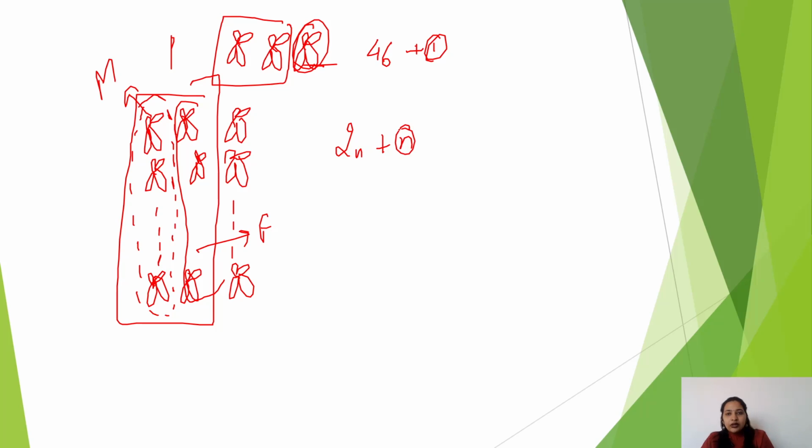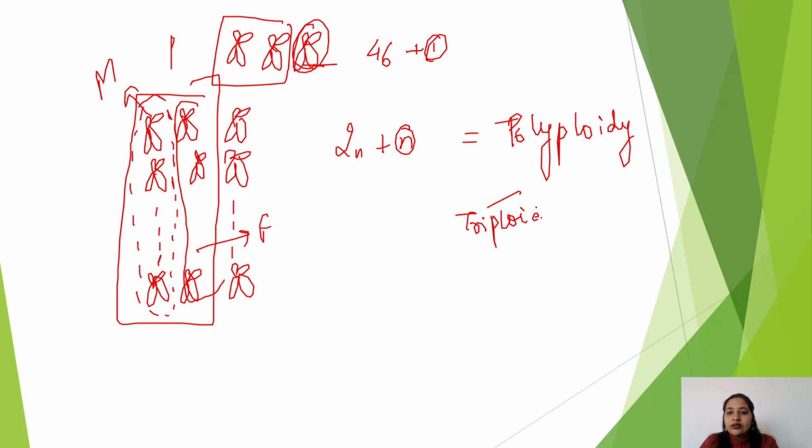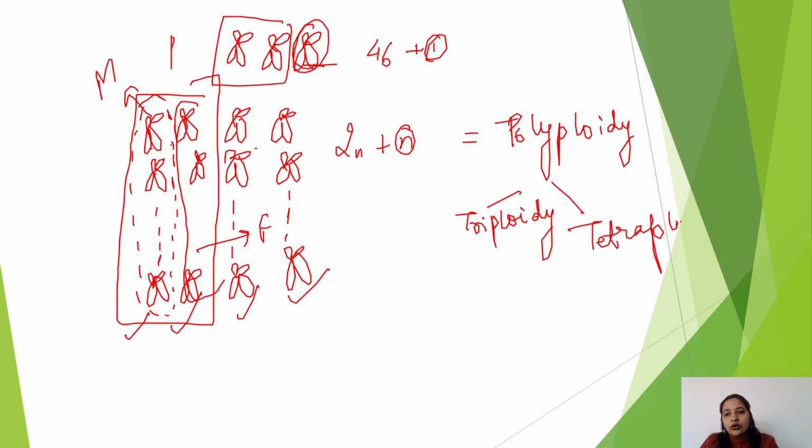If one complete ploid or one complete set of chromosomes is extra, then it is known as polyploidy. Polyploidy can be triploidy when there is one set extra, because as you can see here we have 1, 2 and 3. It can be tetraploidy if we have one more set like this, all 23 chromosomes. So now there are 4 sets, 1, 2, 3 and 4. So this is tetraploidy, pentaploidy and so on, right?